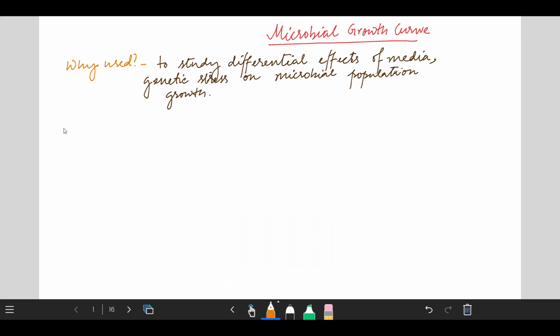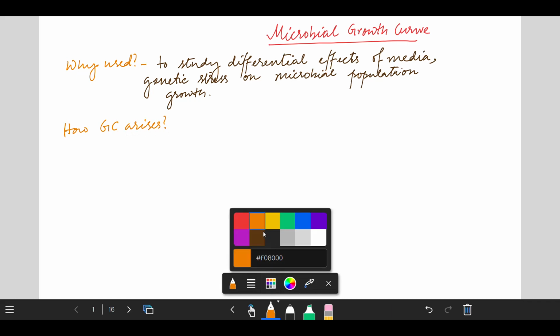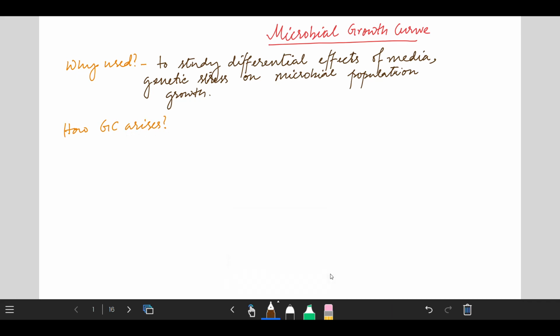Now, how does the growth curve arise? Actually, it has been determined that in a closed system or batch culture, bacteria will grow in a predictable pattern that results in a growth curve. Closed system or batch culture means where no food is added and no waste material is removed.